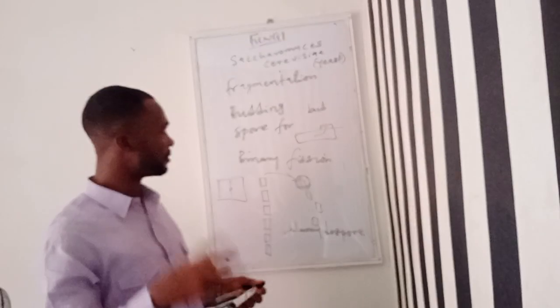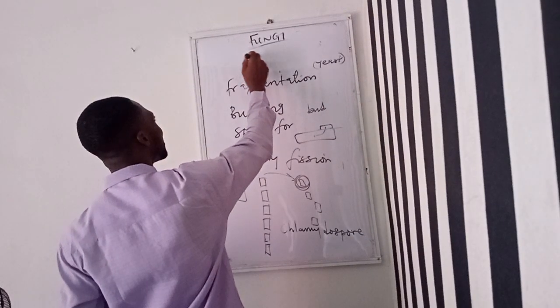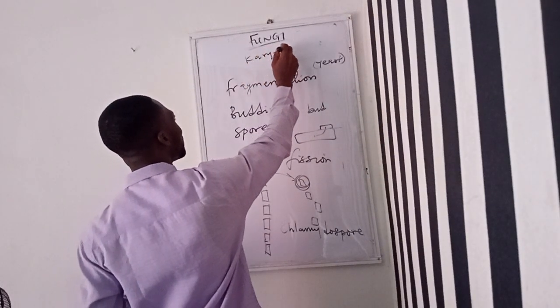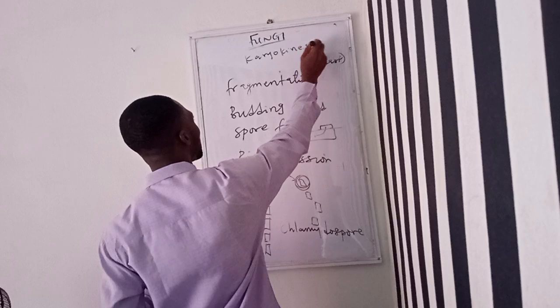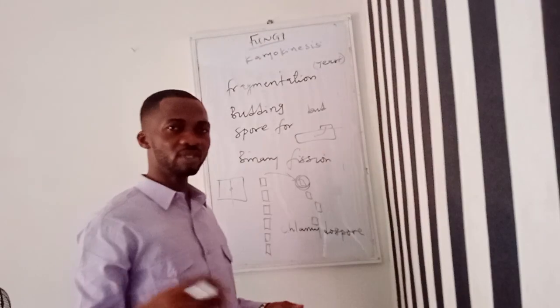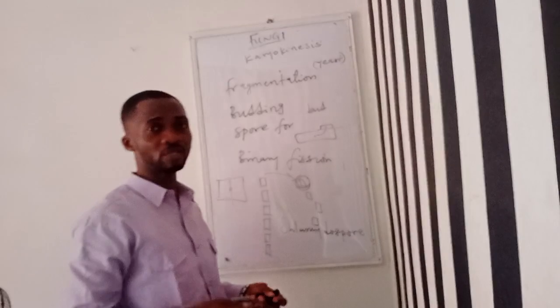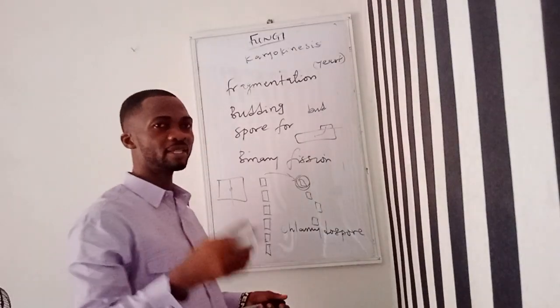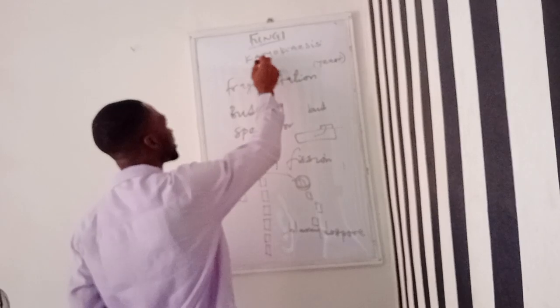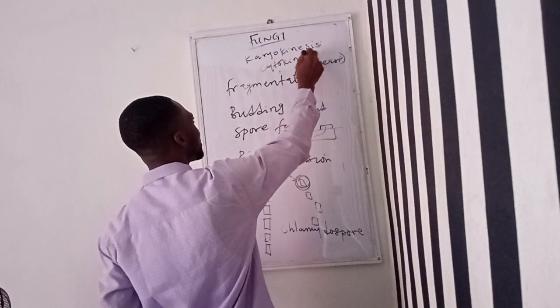Karyokinesis means the division of the nucleus. And once the nucleus is divided, this is followed by the division of the cytoplasm, and that is cytokinesis.